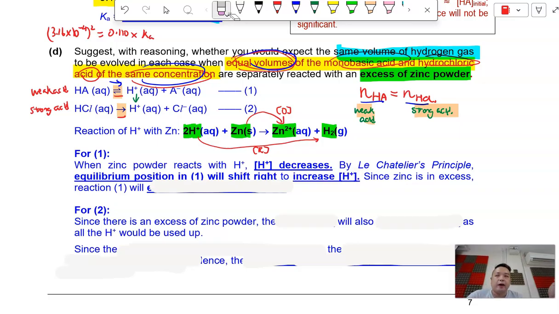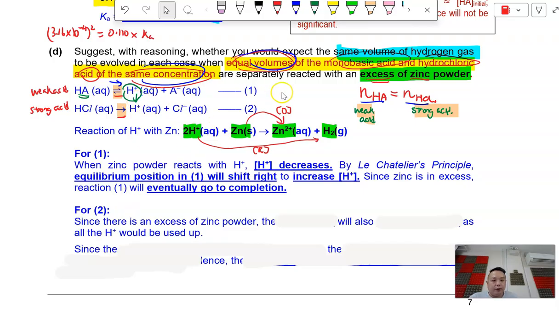Because the question says that zinc is in excess, reaction 1 will keep shifting right until all the H plus is used up and all the HA has fully dissociated. Because zinc is in excess, if you continuously remove H plus, the equilibrium position will keep shifting right until all the HA fully dissociates to give all the H plus.